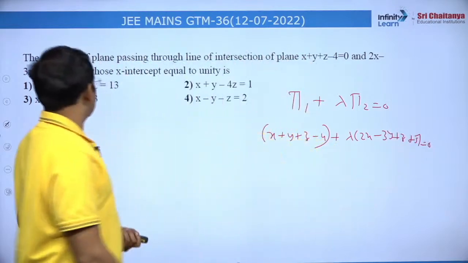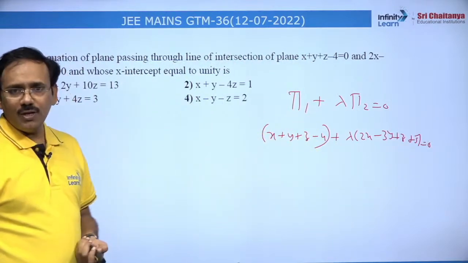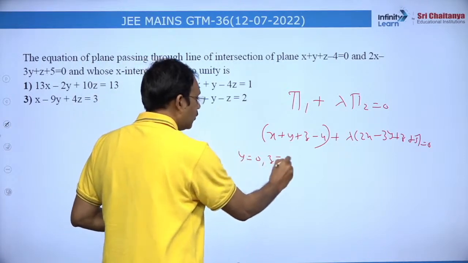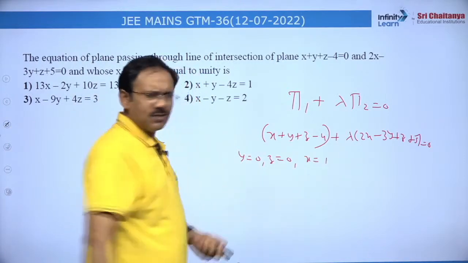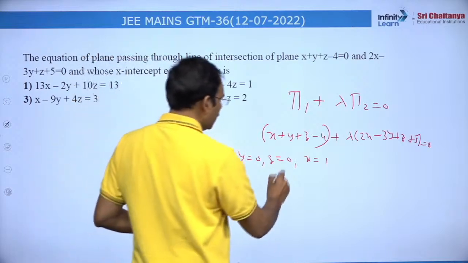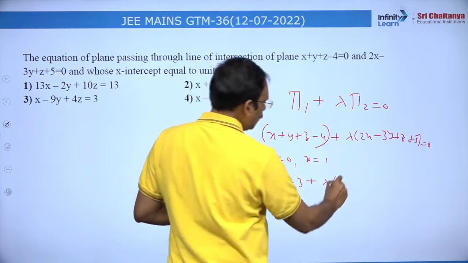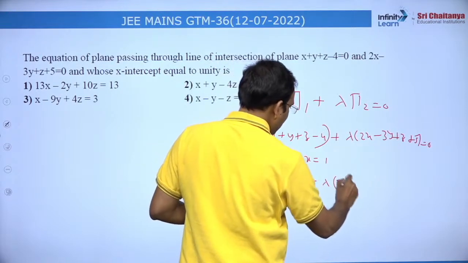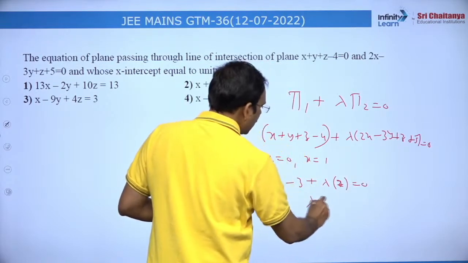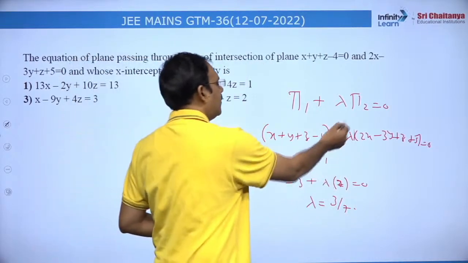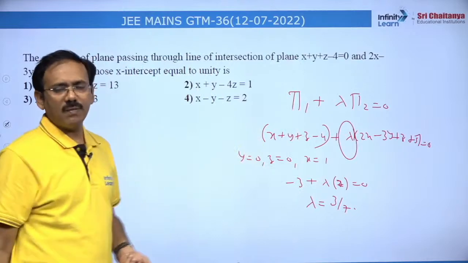Now, it has x intercept equal to unity, means if you put y 0, z 0, x value must be 1. So, simply put x 1, y 0, z 0: 1 minus 4, minus 3, plus lambda into 2 plus 5, 7, equal to 0. So, lambda is going to be 3 by 7, my dear friends. Simply put lambda is 3 by 7, you are going to get the equation of the plane.